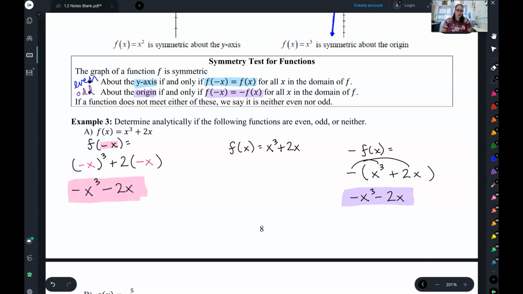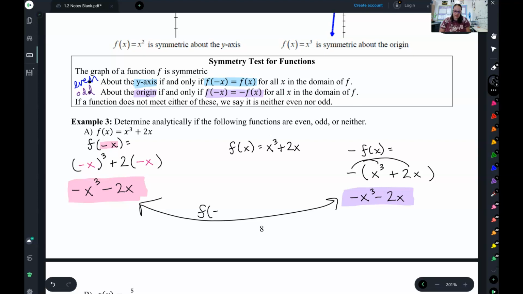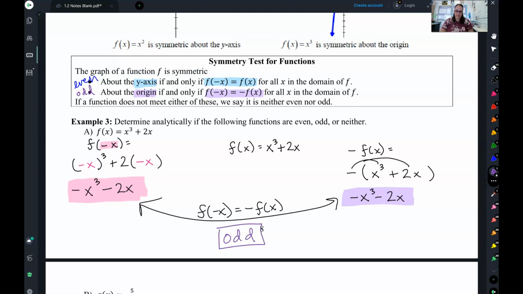Which means, another way of putting it, that our f of negative x answer was equal to our negative f of x answer. Look at that. That is the definition of odd. So we can say this one's odd.